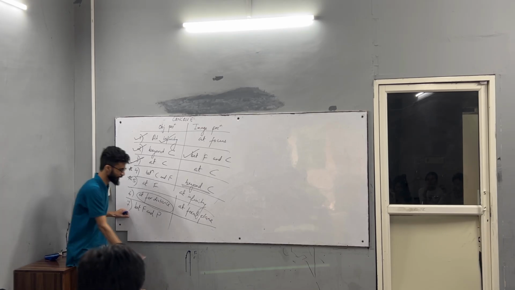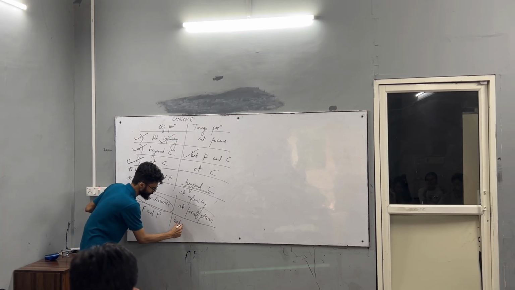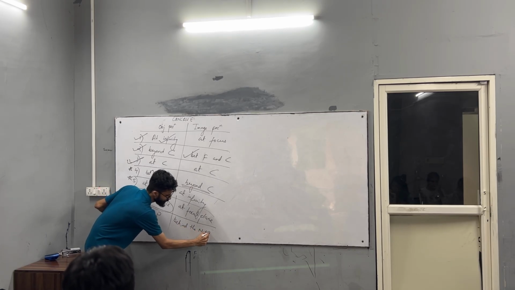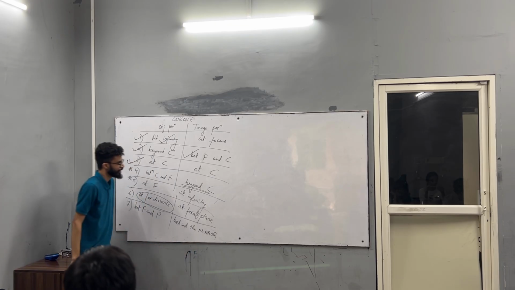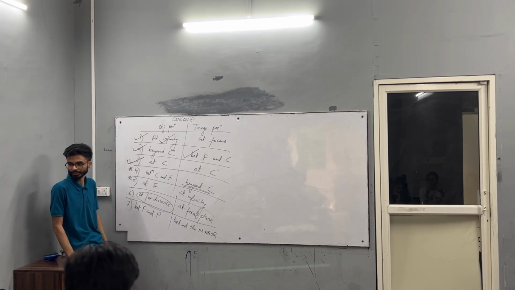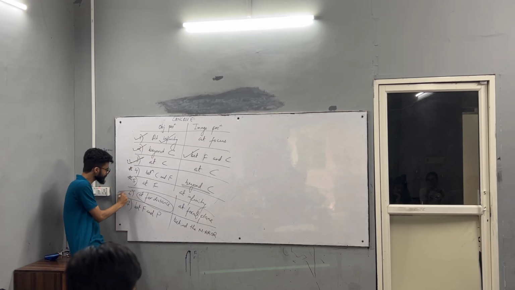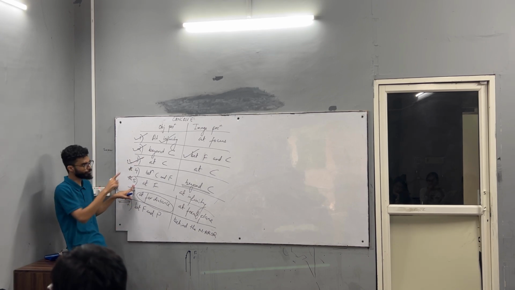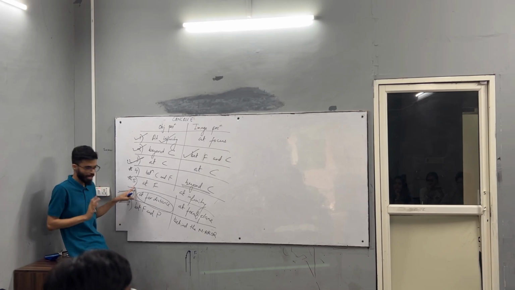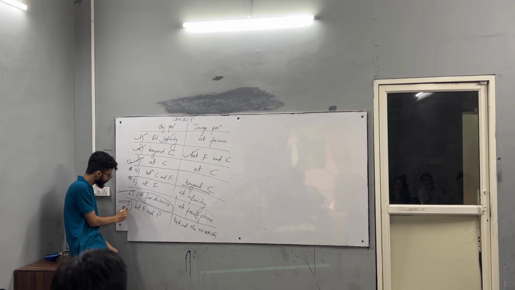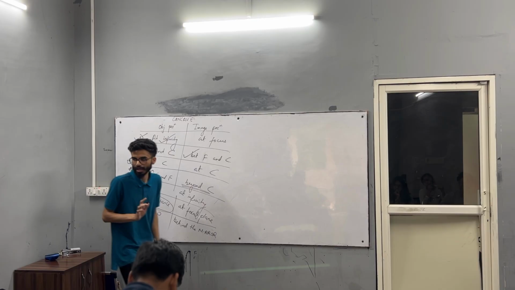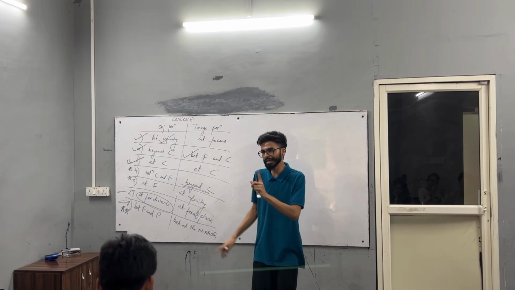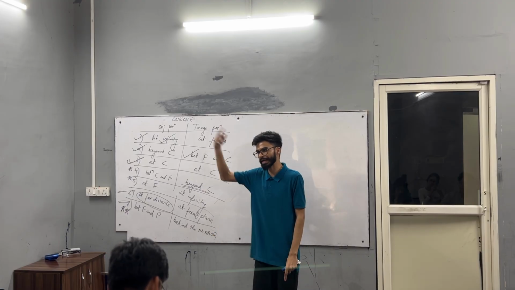Behind the mirror. So can I write this as behind the mirror? Can you guys memorize all of these? Just 6 and 7 you have to remember. 1 2 3 4 5 follow a pattern, and remember this as the virtual image scenario. If the object is between the focus and the pole of the mirror, you will get a virtual image which is behind the mirror.